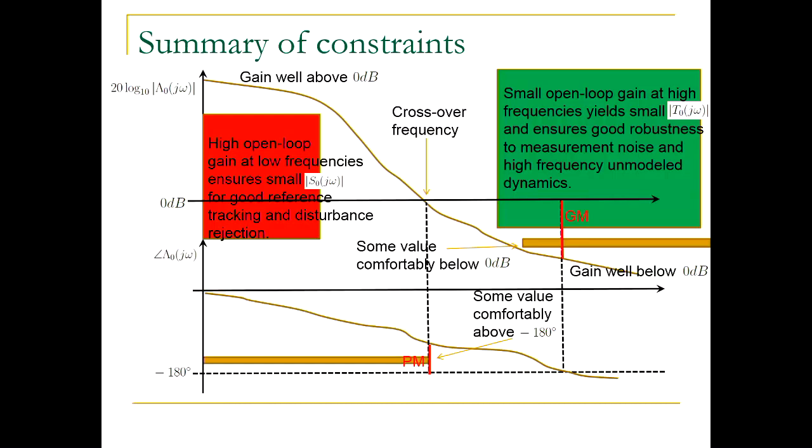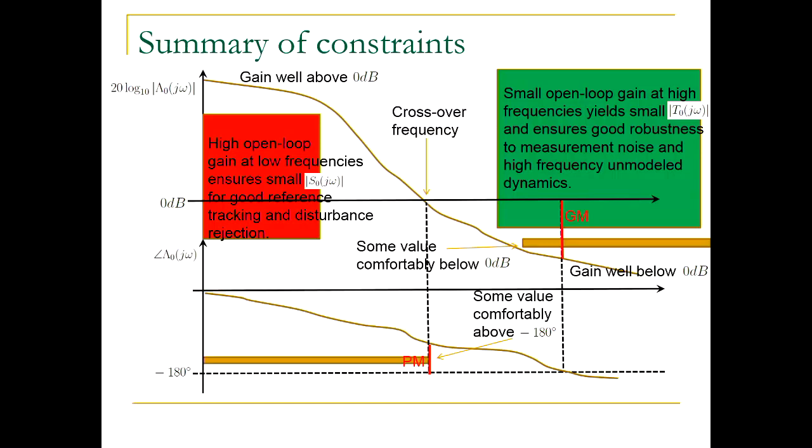Around crossover frequency, we will be ensuring stability, so you will usually be given some value of required phase margin, or you will be told you need to make overshoots smaller than this, which you can translate into a requirement on phase margin. So you want phase margin to be above that, comfortably above that.